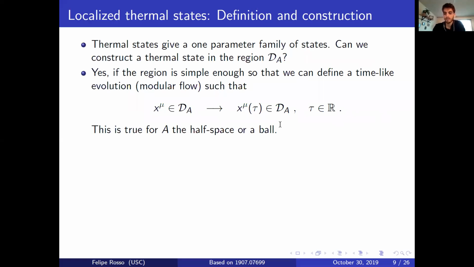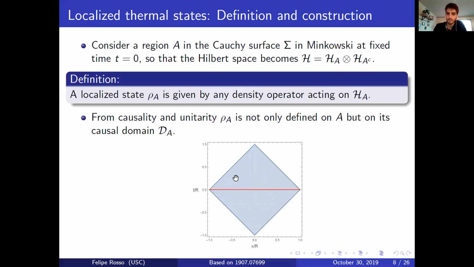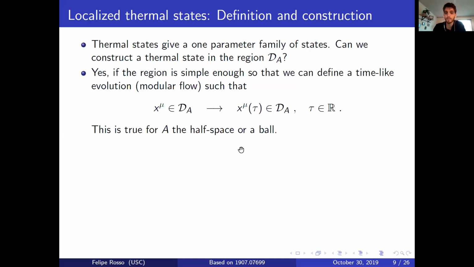What do I mean by this? If we go back to this case, if I have a set of points that are located in this area and I apply the transformation, that transformation can move those points all around the blue region, the blue diamond. However, that transformation shouldn't move the points outside of the diamond, okay? The idea is that there are certain cases in which you can construct this type of evolution, and it is important that this evolution is timelike.